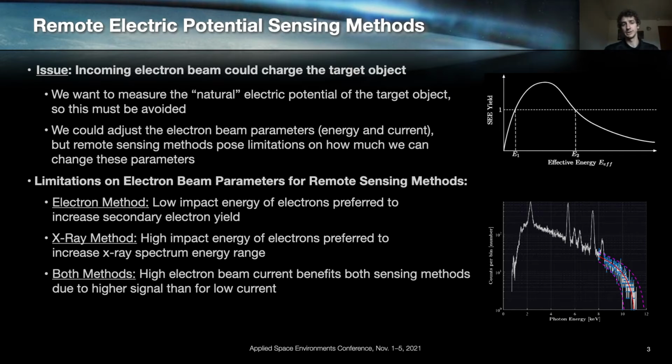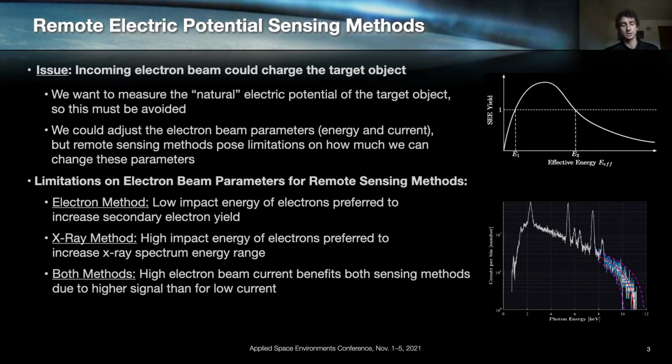What we could do is change the electron beam parameters, such as the electron beam energy and the current, but we want to avoid that because our remote sensing methods pose some limitations on how much we can change those beam parameters.